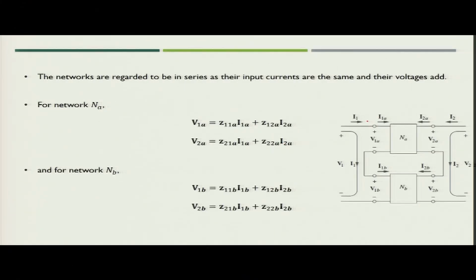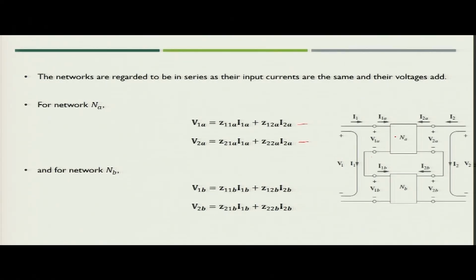These would be the Z parameter equations of this network. Similarly, for the second two port network, that is NB, we can write V1B is nothing but Z11B I1B plus Z12B I2B, and V2B is nothing but Z21B I1B plus Z22B I2B.